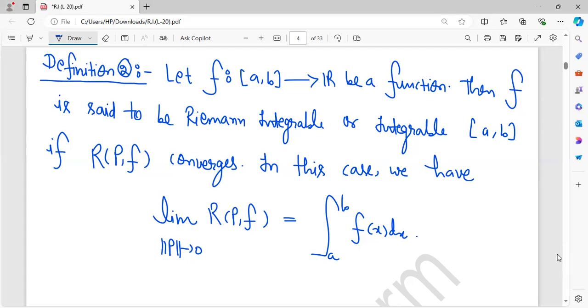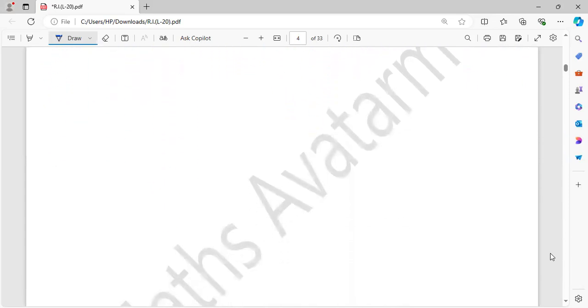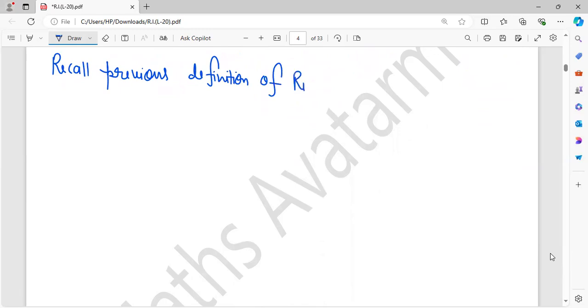The definition 1 was that the upper integral is equal to the lower integral. So we are recalling the previous definition of Riemann integrability.